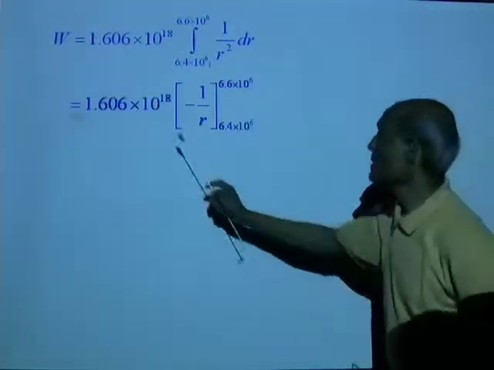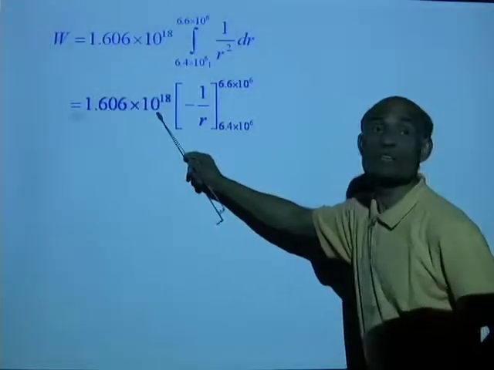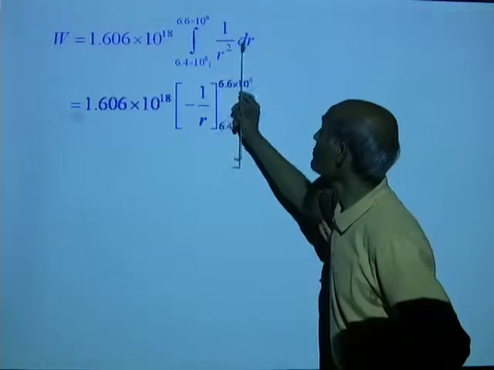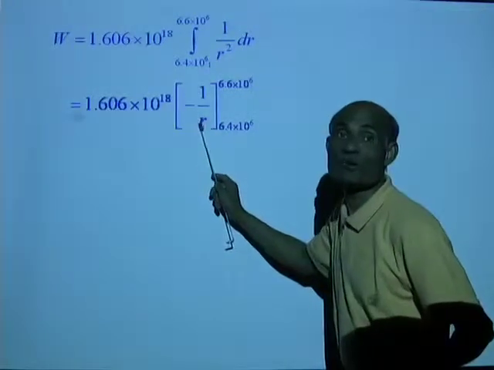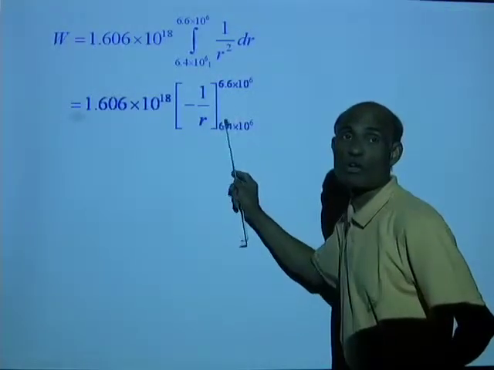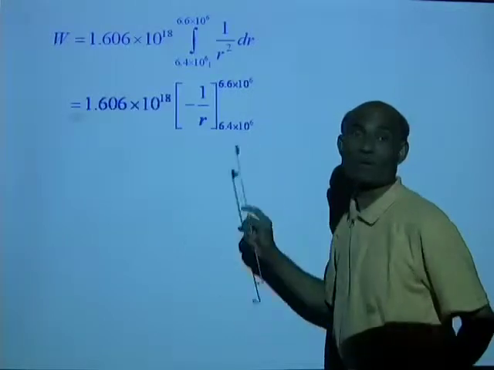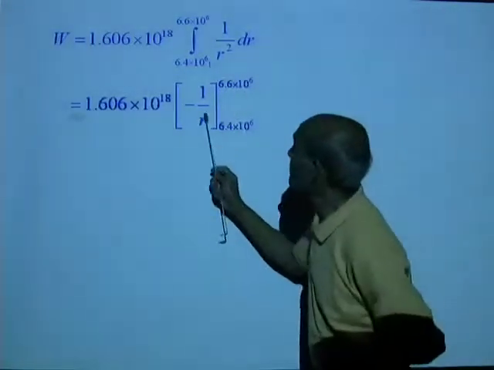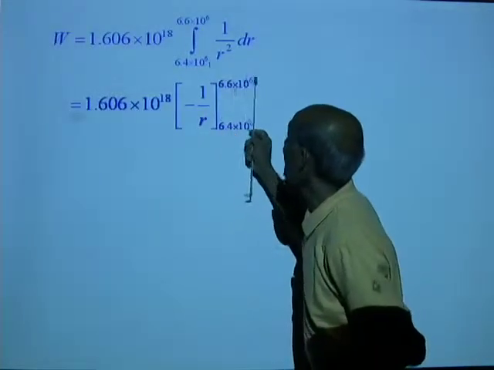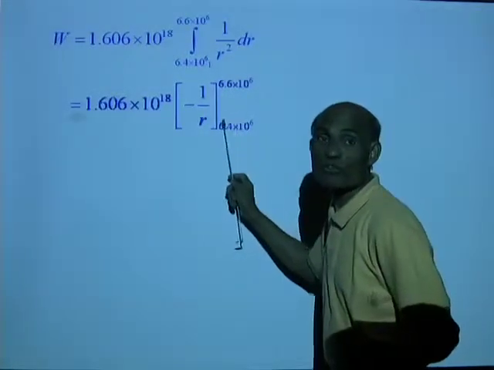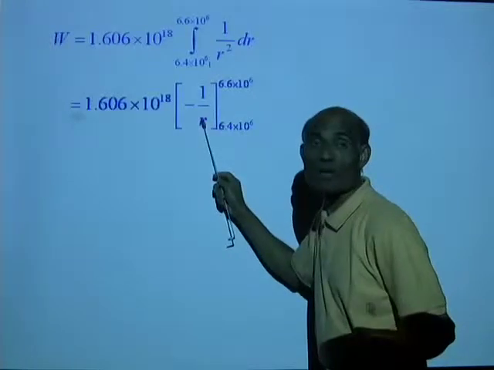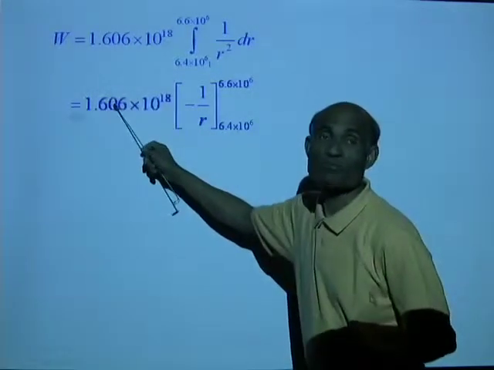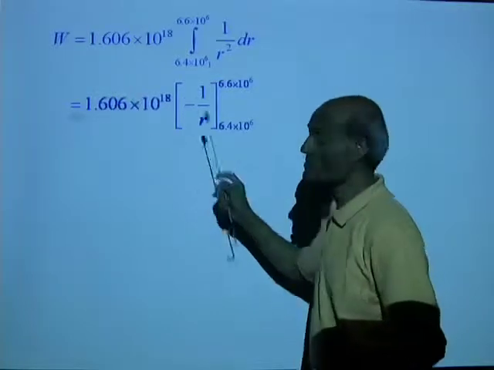That's right. So, it will be that constant, which we know what it is, times the integral of 1 over r squared dr, which is negative 1 over r. This is the lower limit, and that's the upper limit. So, all we now need to do is replace r by the upper limit minus replace r by the lower limit, and then multiply that quantity with this constant. Alright, let's do that.